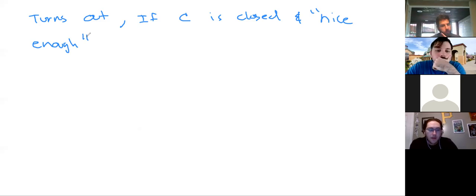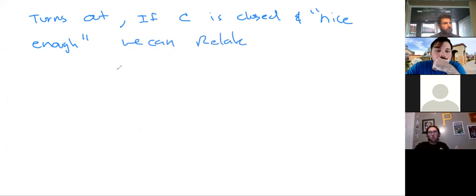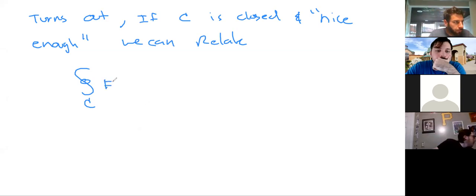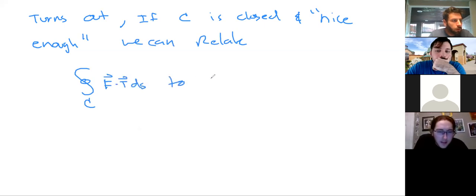These are all technicalities we're not really worried about in Calculus 3. What we can do is relate this. Remember, if it's a closed curve, we put this little circle around the integral so the reader knows it's closed. We can relate this creature to this.